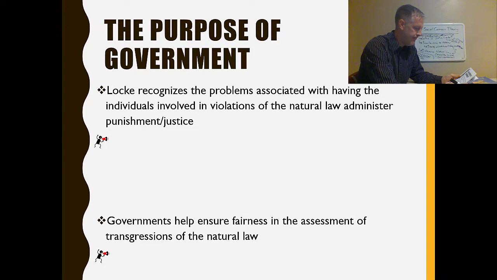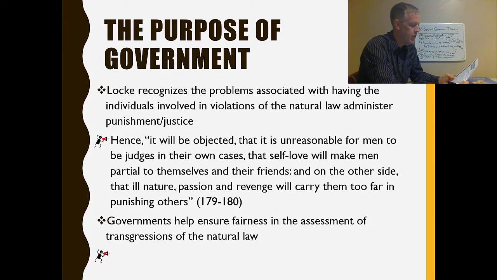on slide 7. So he says things, and this is furthering what I was just getting at. He says on 198 of our textbook, quote, it will be objected that it is unreasonable for men to be judges in their own cases, that self-love will make men partial to themselves and their friends, and on the other side that ill nature, passion, and revenge will carry them too far in punishing others.